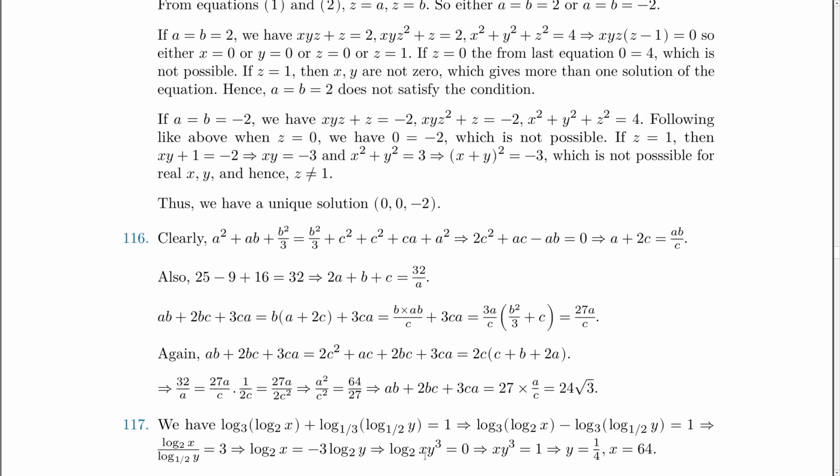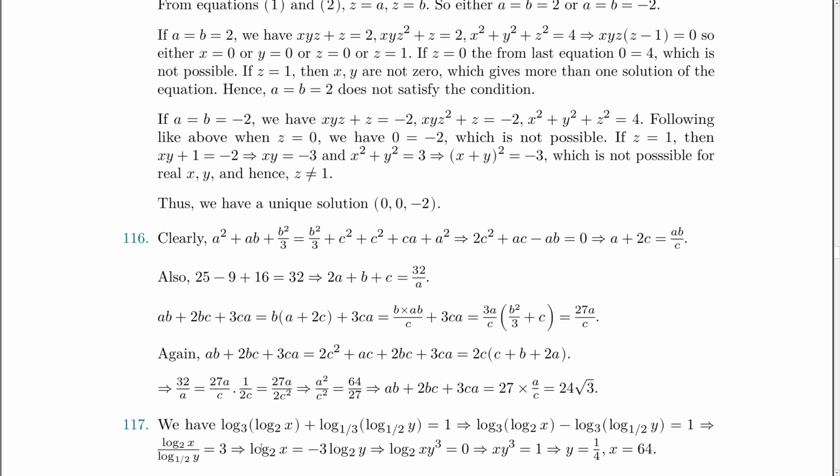So here what we do is we do a base exchange. For log base 1 by 3, we take out the negative sign and we write it as log base 3 of log y with base 1 by 2 is equal to 1. Once we have this form, we can get rid of log 3, and we can write log of 2x by log of half y.